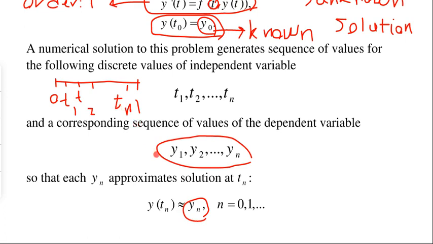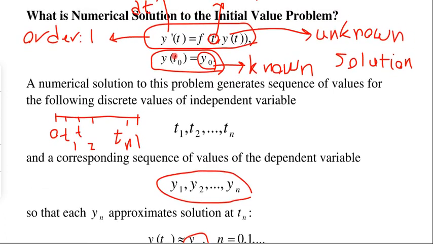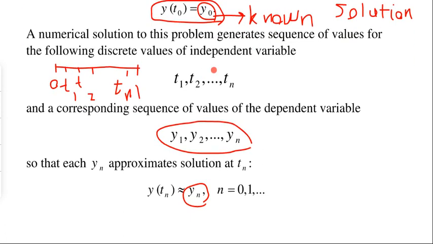We want to approximate the unknown solution y at these discrete points. The notation will be yn, and these values y1 to yn will be approximations of our unknown solution.